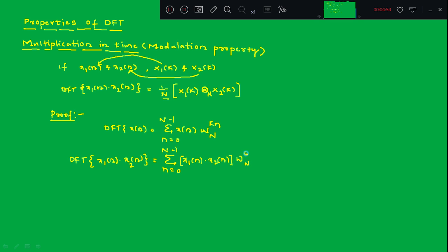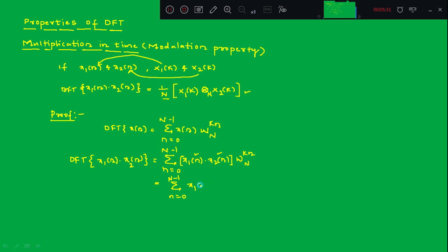W_N to the power kn, right? And here, to simplify further in order to get the required proof, keep one of the input sequences as it is and define the other sequence using the IDFT definition, right? So here I am keeping x1 of n as it is, so my summation is as it is, n equal to 0 to N minus 1.